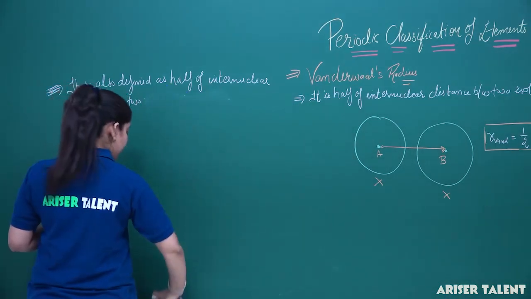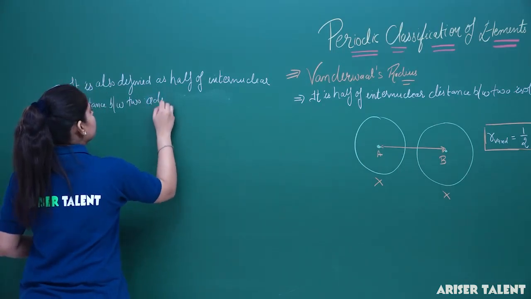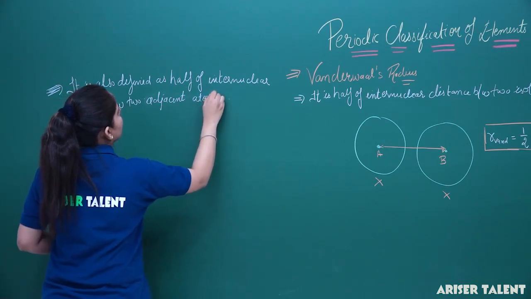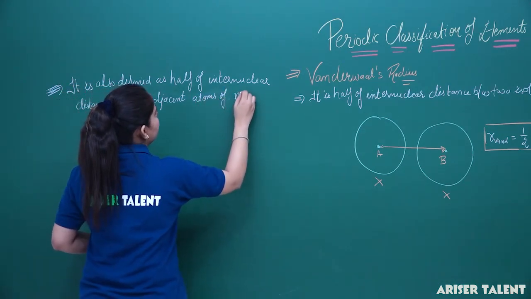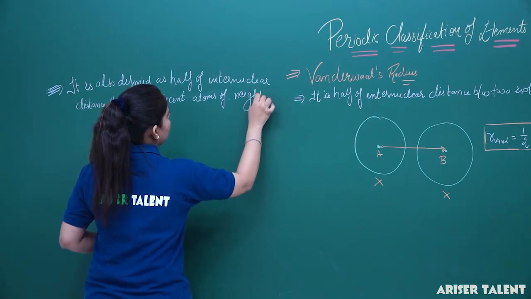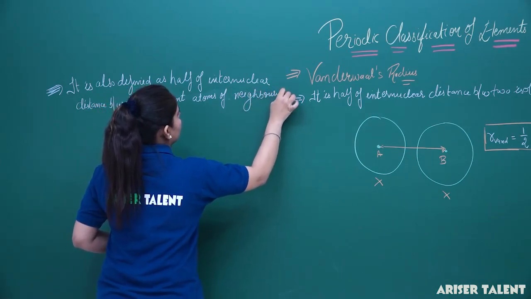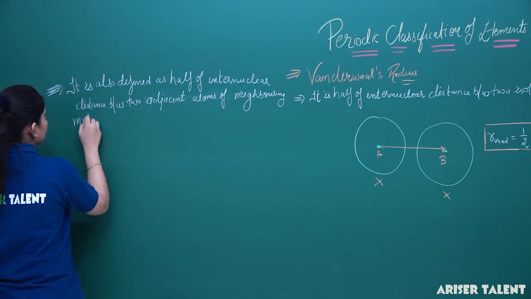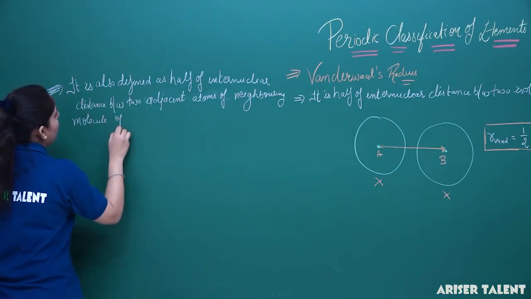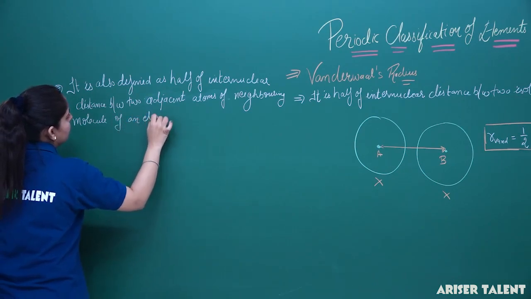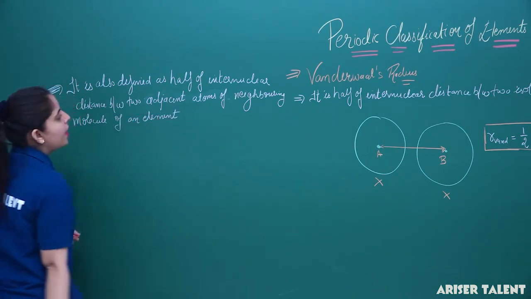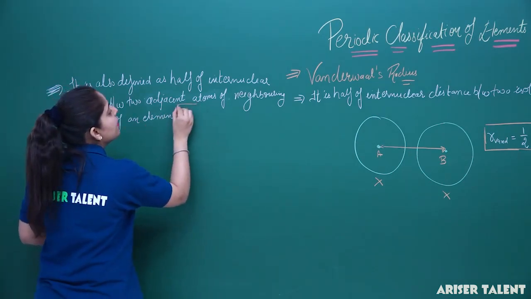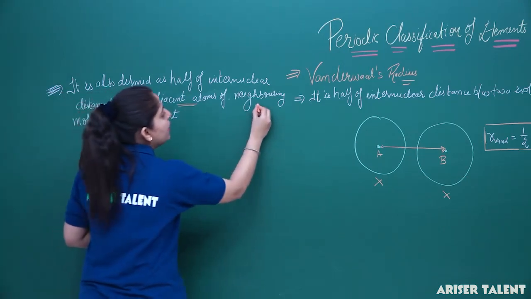We have to consider adjacent atoms. This is defined as the internuclear distance between the two adjacent atoms of the neighboring molecule.